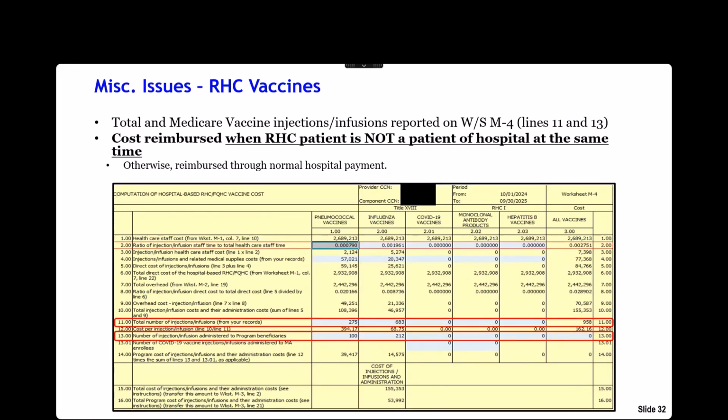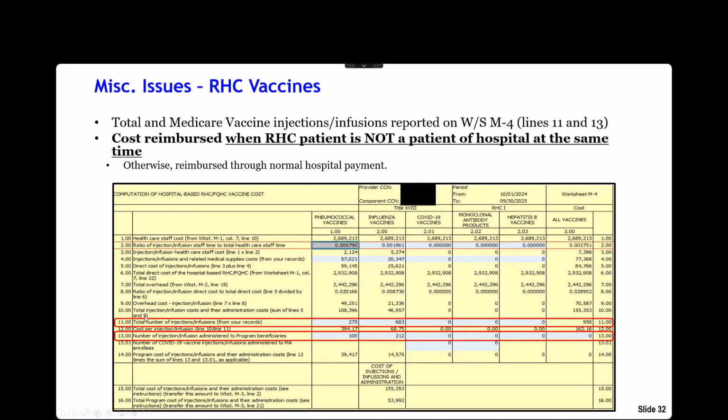From the hospital, or if it was before they went into the hospital, that's perfectly fine, but they can't be simultaneous patients of both the hospital and RHC. If they are, that gets rolled up under the hospital DRG. The RHC won't get any extra cost reimbursement for that vaccine.